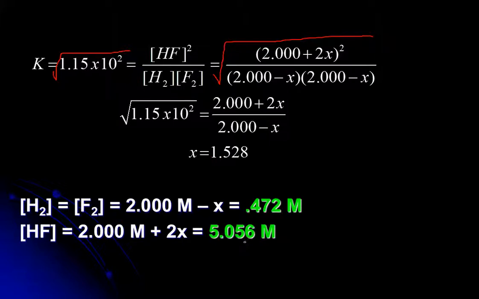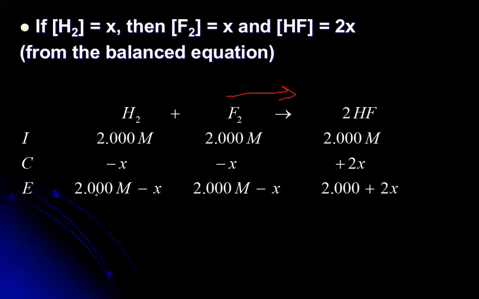Hence, we have a 5.056 molar result here. So right here, our green numbers are our final answers. So the tricky thing is to make sure, once you've solved for x, what did you really solve for? Is that my final answer, or do I then have to go back to my E row here and plug that in to find my concentrations when we're done?